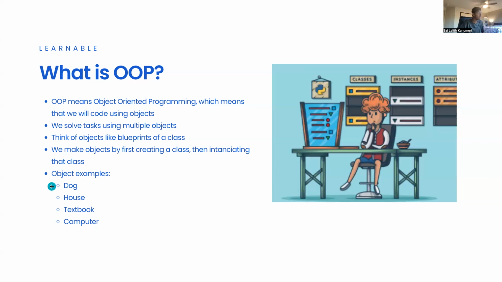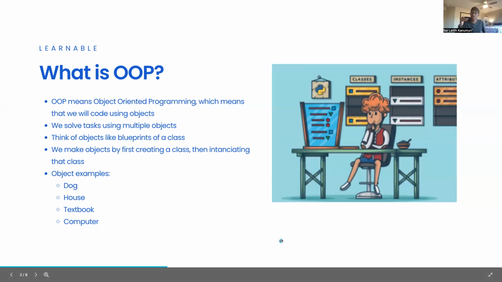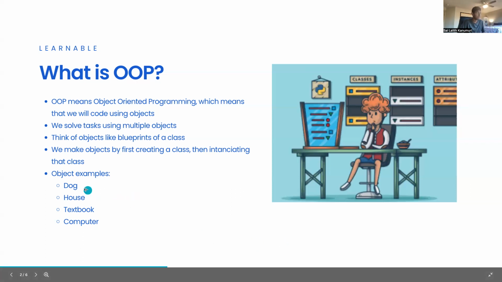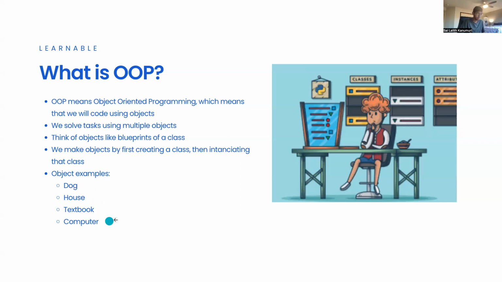So we have dog, house, textbook, computer. Those are all different objects, correct? Hopefully you know that. Dog is an object, house is an object, textbook is an object, computer is an object, right? A dog can be an animal as well, but we'll get into why it's an object.